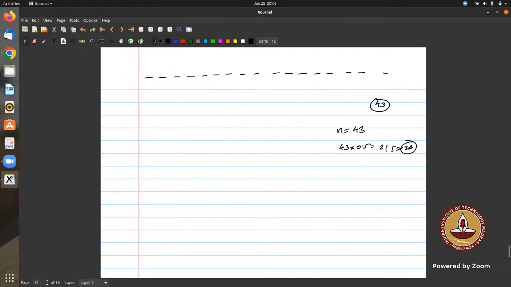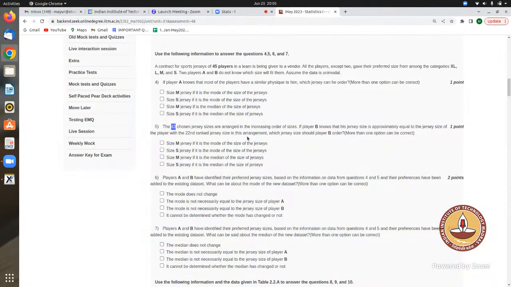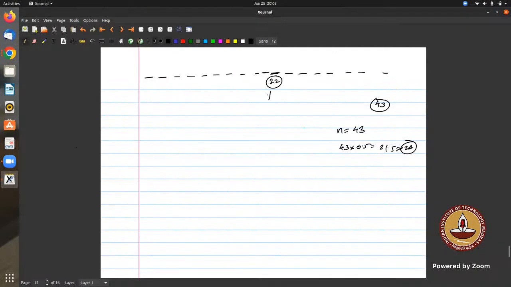So the 22nd observation. Suppose this is the 22nd observation, this is my median. If player B knows that his jersey size is approximately equal to the 22nd, what does that mean? It is the median, right? Yes, sir.